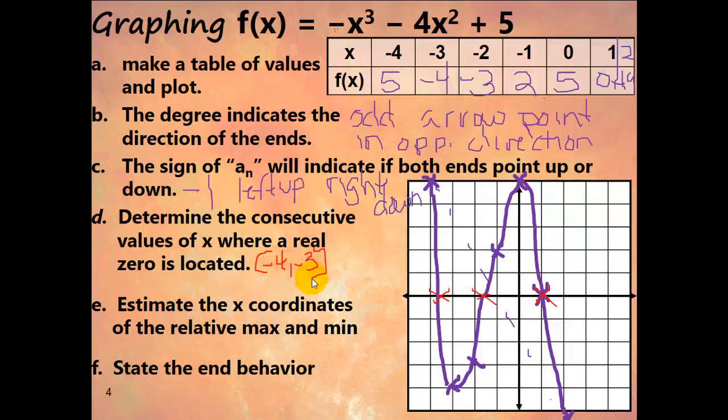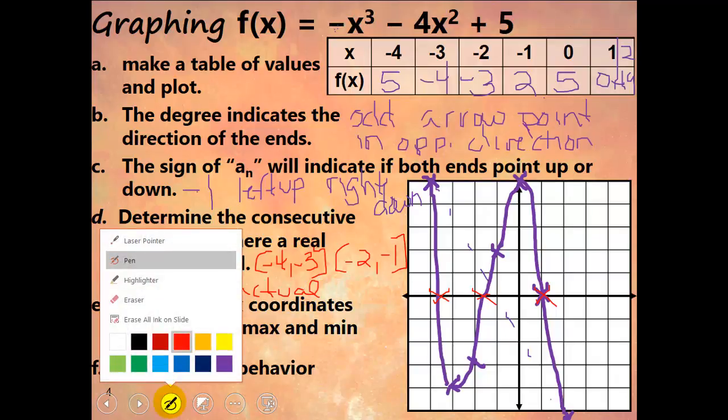And then between -2 and -1. And then we actually have 1, 0. So I'm just going to write that as an ordered pair. 1, 0. Okay? This is an actual zero on this problem.